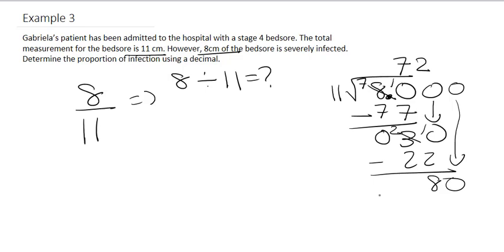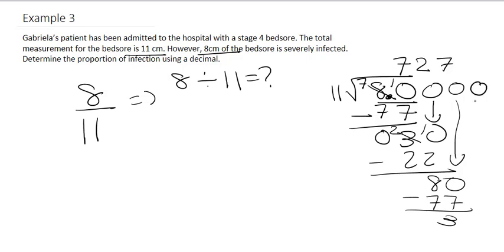And we're going to look back and notice that this right here was what we started with. So we should know that 11 goes into 80 7 times again. We're going to be left with 11 times 7, which is 77. We'll subtract, we get 3 again. And then we bring down another 0.